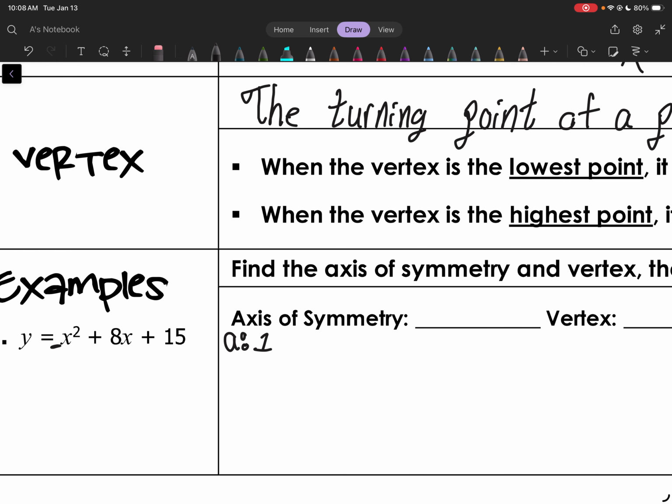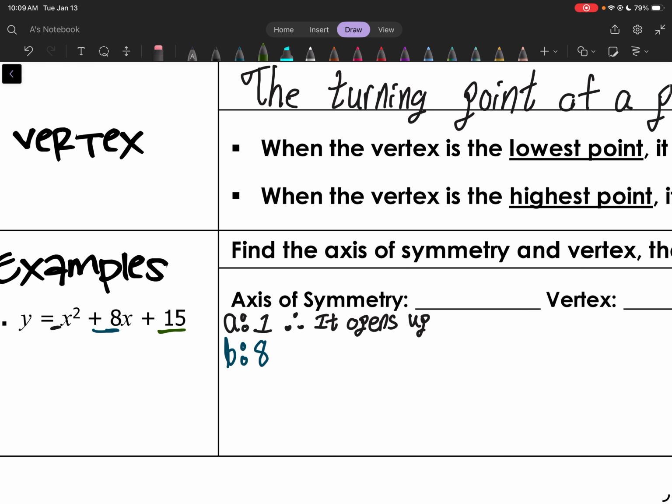Note that it is positive, therefore, which is what this symbol means, it opens up, or upward. My B value is positive 8, and my C value is positive 15.